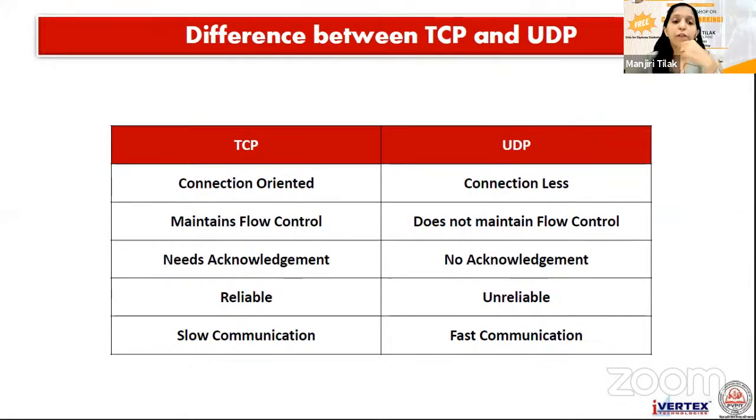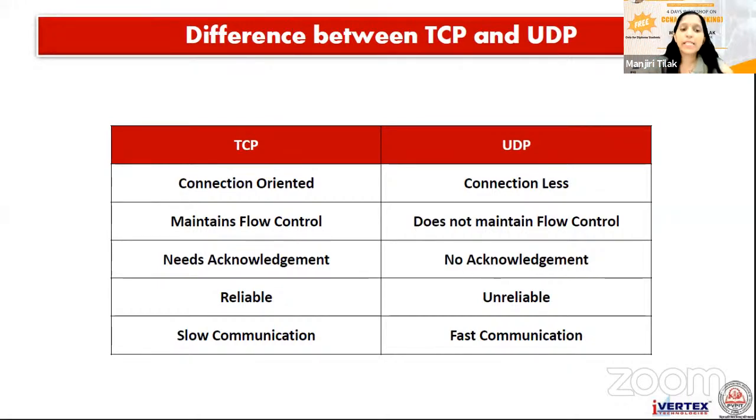TCP maintains flow control. Now, what does this mean? See, if you want to send 10 bytes of data, TCP is not going to send all those 10 bytes together. Those 10 bytes will be broken into smaller segments, say of 1 byte each.